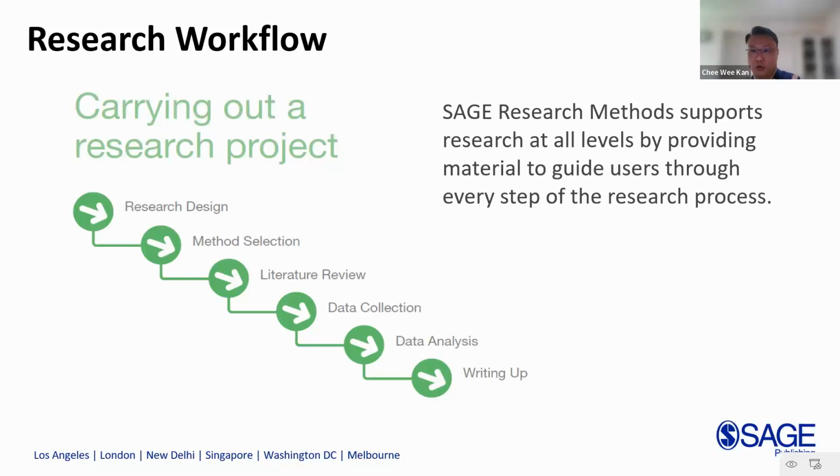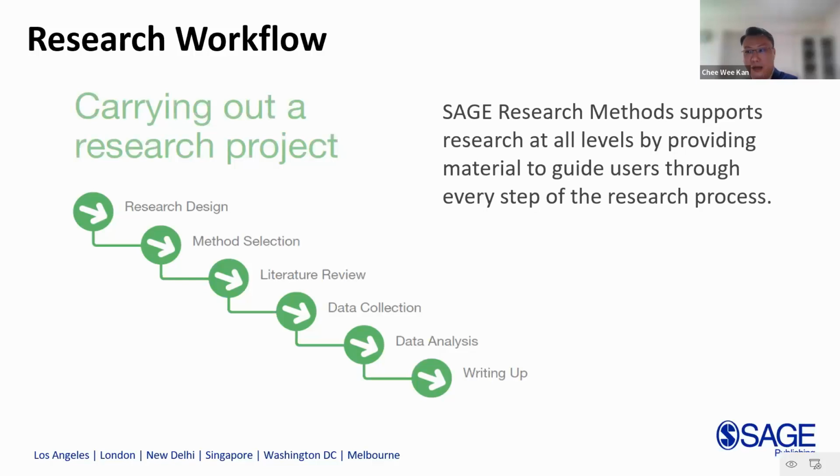SRM supports those new to starting a research project, or even advanced researchers, in every step of the research project. For example, from writing research questions, choosing a method, conducting a literature review, to gathering and analyzing the data.